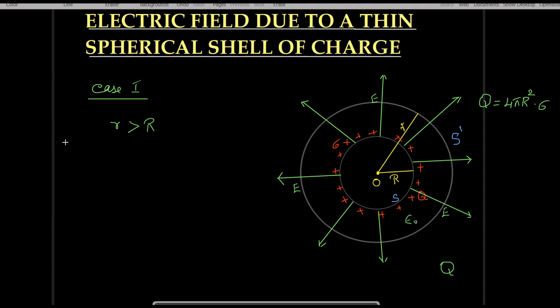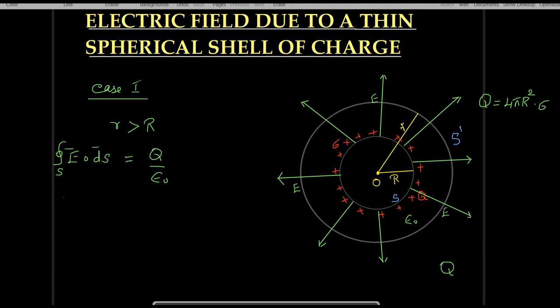According to Gauss theorem, integration over the surface E dot ds equal to Q by epsilon naught. And we integrate over ds, so that on the Gaussian surface electric field is remaining same, since it is a symmetric spherical surface for the spherical shell we consider.